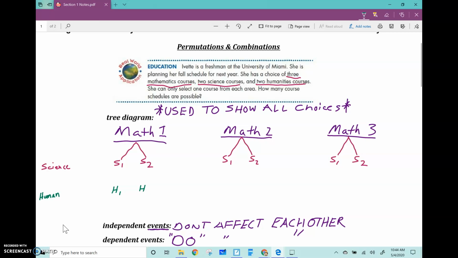Let me scoot that over a little bit. H1, H2, H1, H2, H1, and H2. And we'll just do like we did up top, and we will draw our lines into each of the classes that are available.